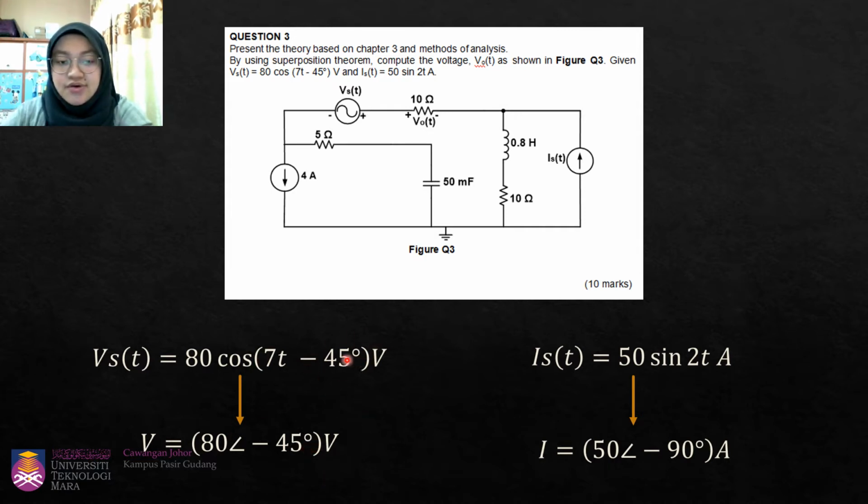I just take the angle directly because it is stated as cos. But the current source is given as 50 sine 2t, which is sine, so we must change it to cos by subtracting 90 degrees. The question doesn't state any angle, so we assume it is 0 degrees. So 0 minus 90 is negative 90 degrees. The final current is 50 angle negative 90 degrees ampere.